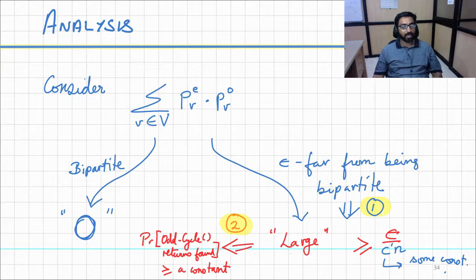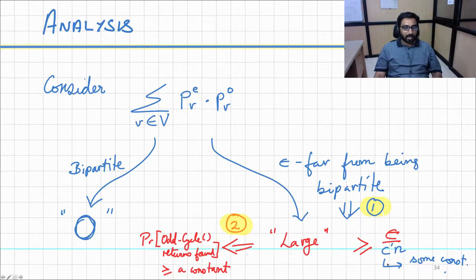However, let's consider what happens when the graph is epsilon far from being bipartite. Then we need to show that this summation is going to be large, greater than some epsilon over C prime n, where C prime is some constant.